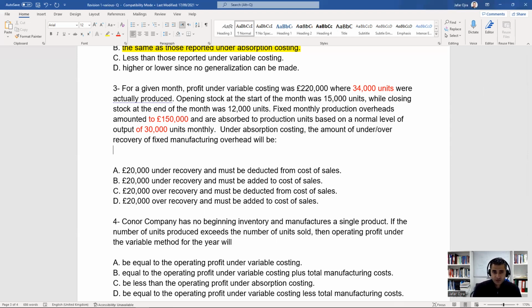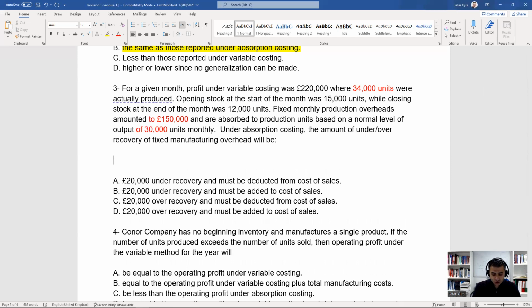First of all, you need to calculate the fixed manufacturing overhead per unit, which is 150,000 divided by how many units? 30,000. And that makes, oops, what's that?